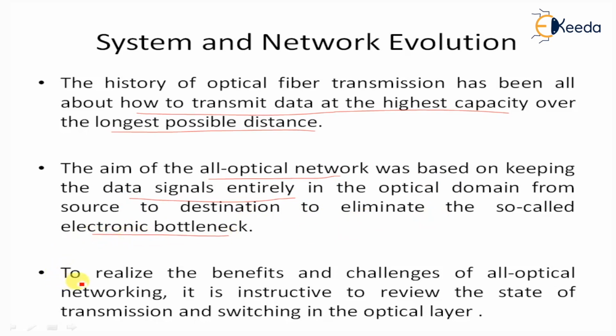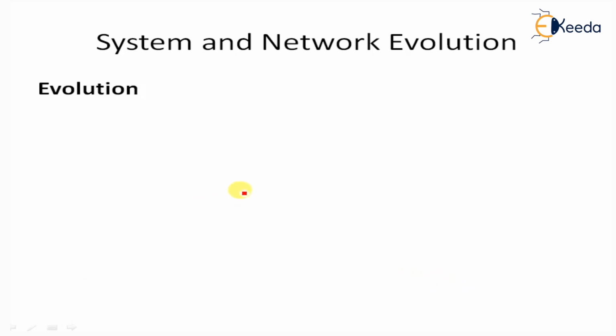To realize the benefits and challenges of all-optical networking, it is instructive to review the state of transmission and switching in the optical layer. So the evolution starts with the first multimode fiber.